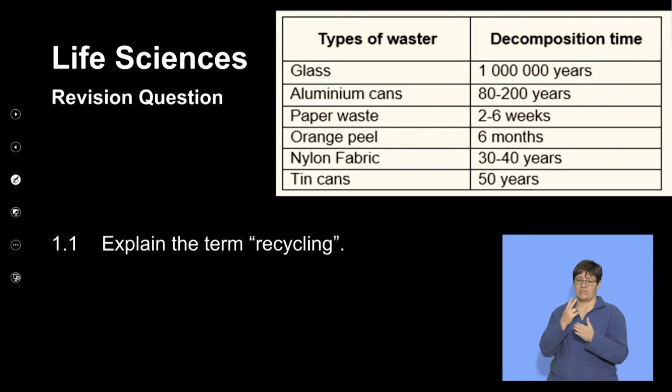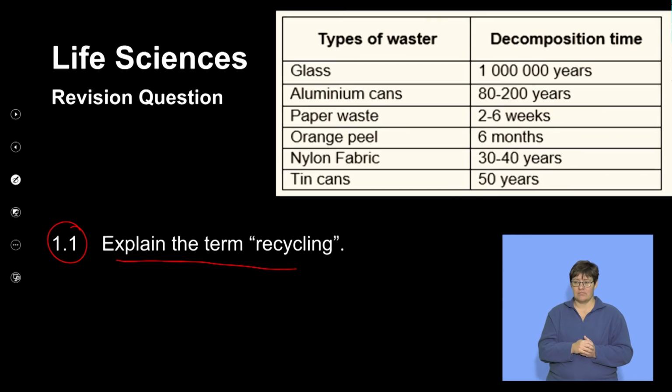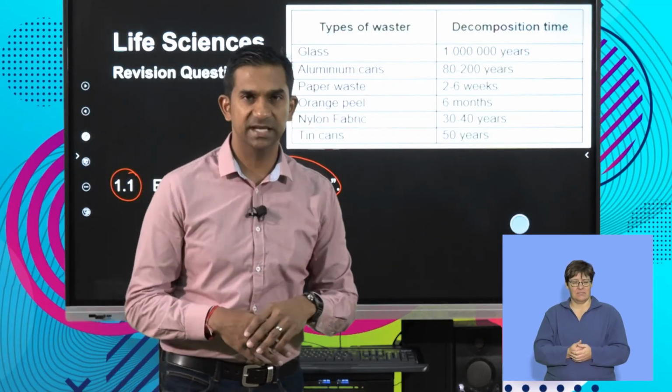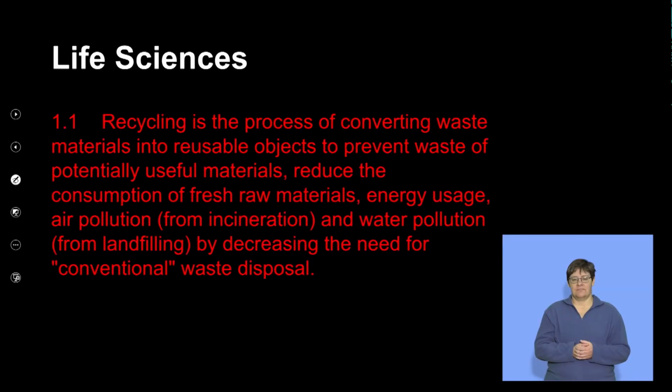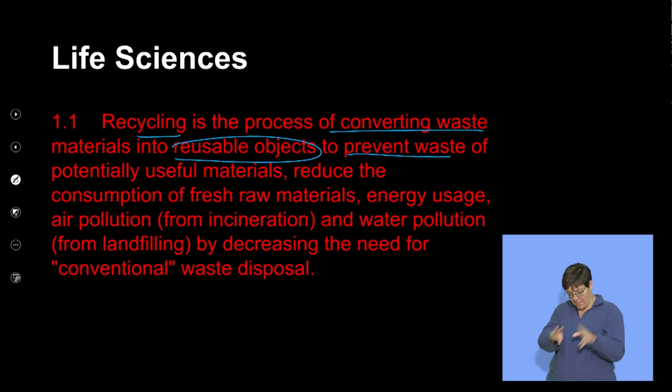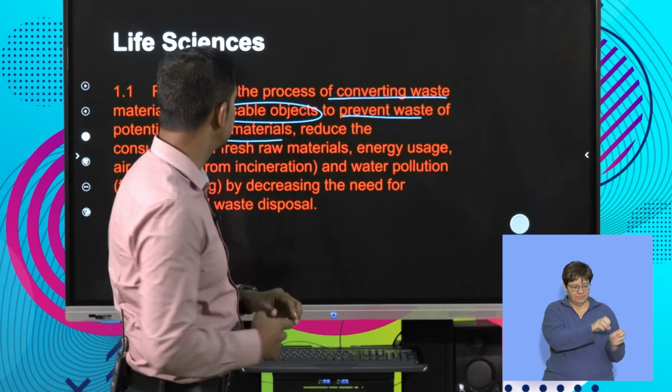Okay, so let's look at the first question based on this set of data. Explain the term recycling. And guys, we've often used the term recycling. It's a simple question. So recycling is a process of converting waste materials into reusable objects to prevent waste of potentially useful materials. So when we take certain substances and we repurpose them, that's recycling them.